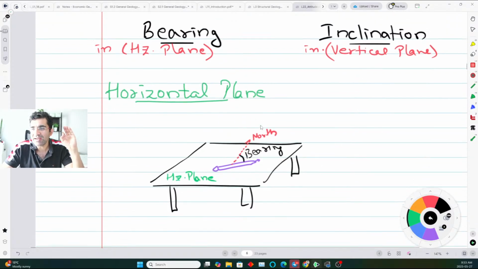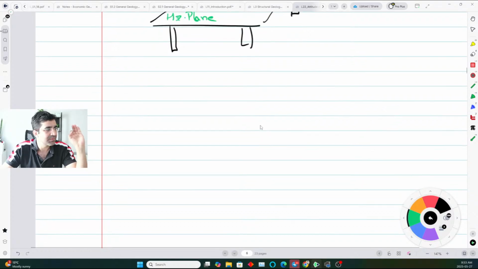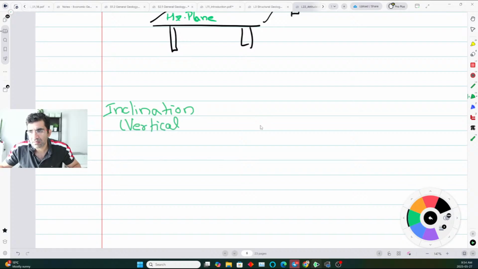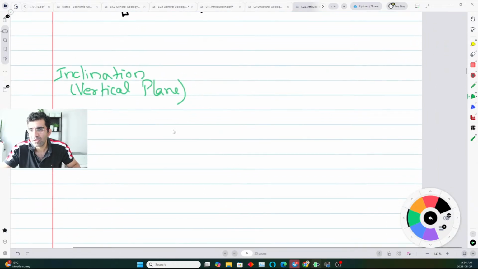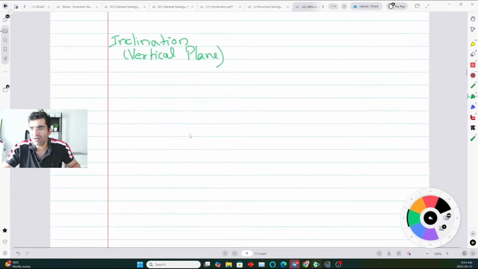The second part is inclination. It is measured in a vertical plane. Keep in mind it is measured in the vertical plane. Just like you had that table, imagine you have a wall now.